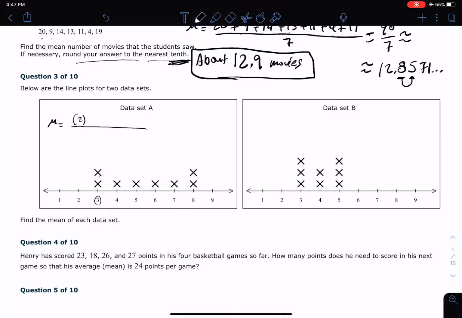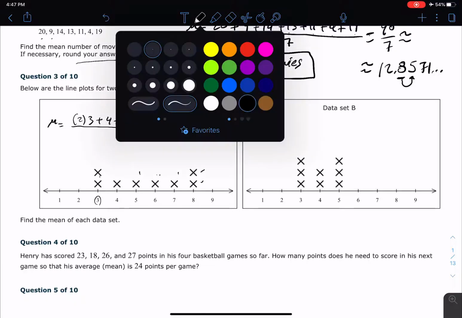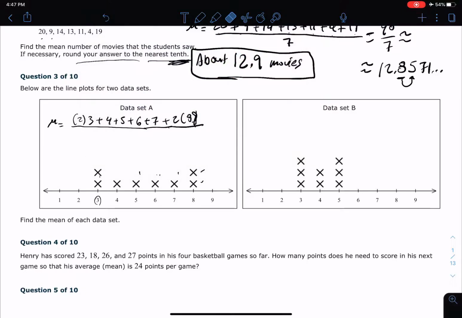So we've got 2 3s, plus 1 4, plus 1 5, plus 1 6, plus 1 7, plus 2 8s. That would be an example of a weighted mean, because you're weighting those pieces. The ones that have doubles have to have a weight of 2.